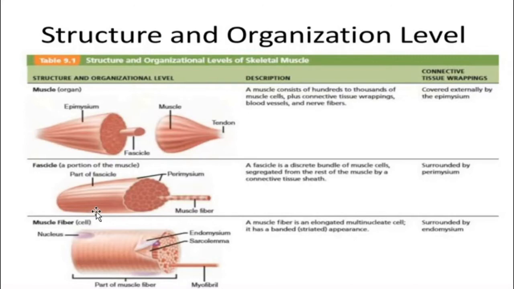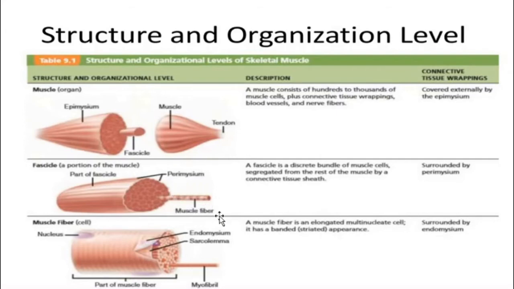So each fascicle is composed of muscle fibers. A fascicle is a discrete bundle of muscle cells segregated from the rest of the muscle by a connective tissue sheet called the perimysium.